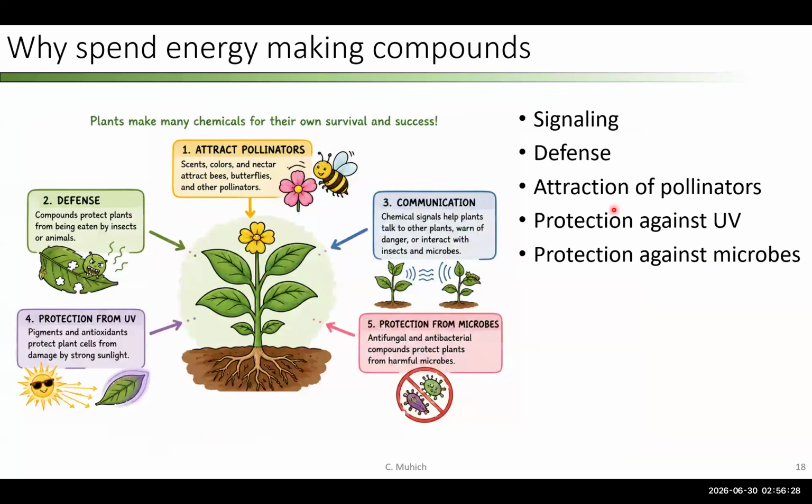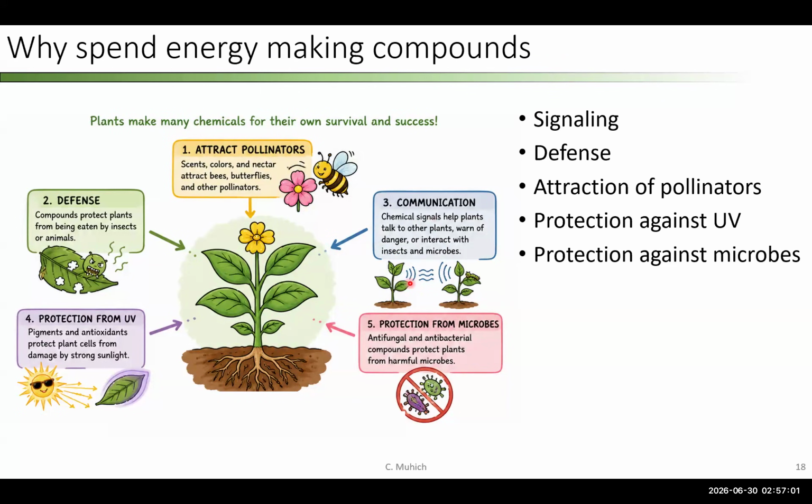Well, it's because there's a lot of different chemicals that plants use for their survival and success. A lot of this comes from the fact that plants obviously don't move. So they need additional help. A lot of stuff is used in signaling. So this can be for things like attracting pollinators so that they can produce the next generation, or chemical communication from one plant to the other.